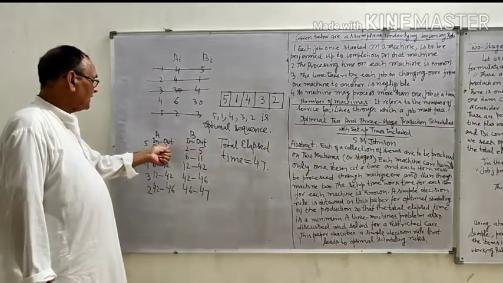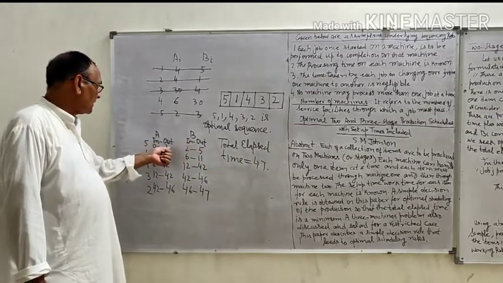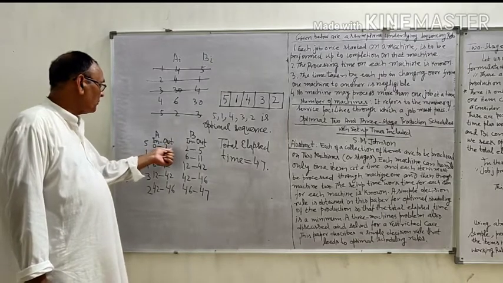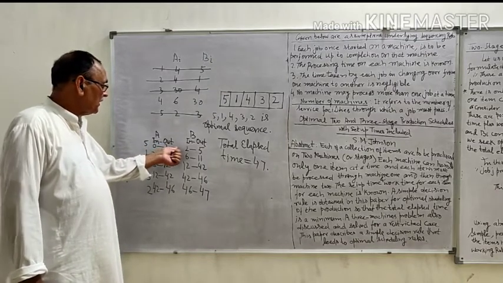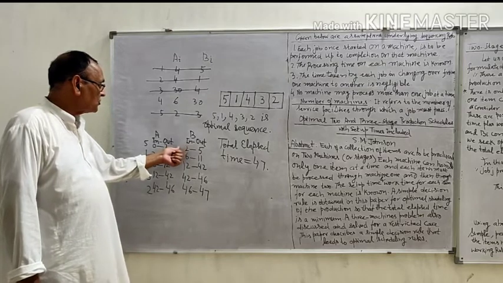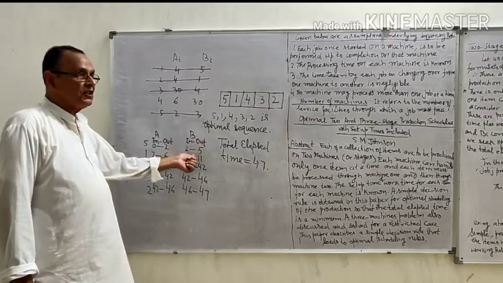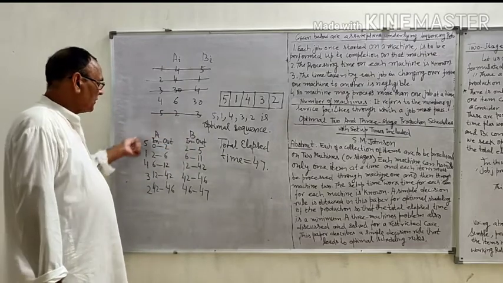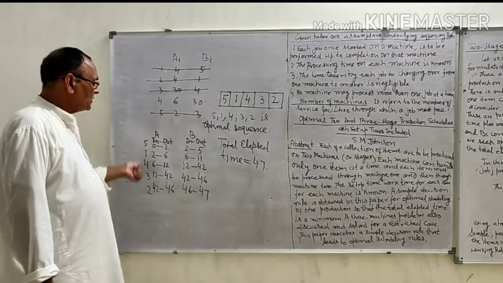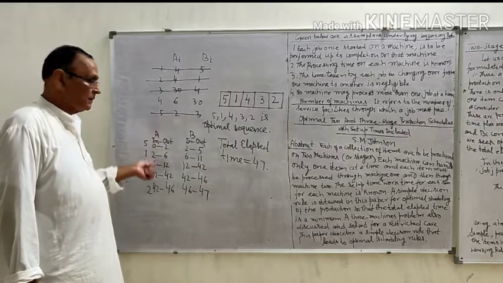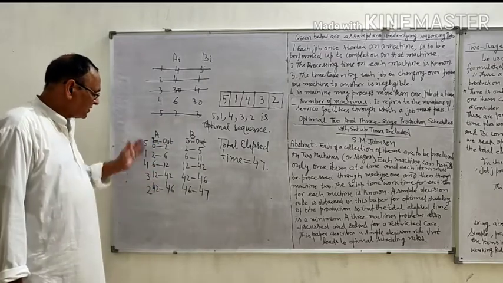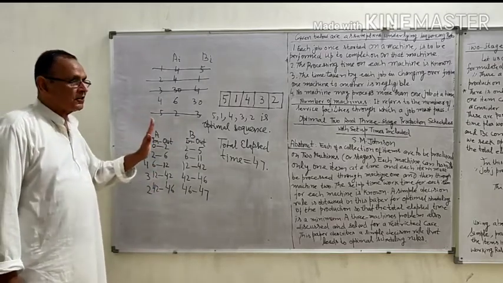So in that case, after the completion of job 5 on machine A, it will take some time to reach the place of the machine. In that very paper, he has included that transportation time. So this is now without transportation time.